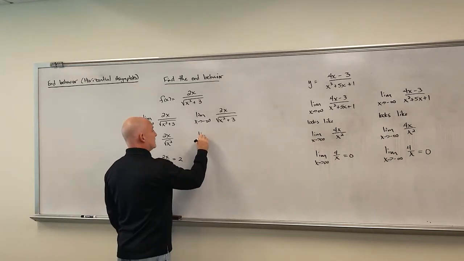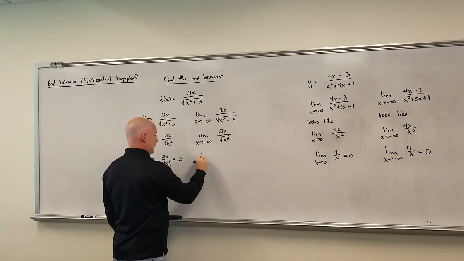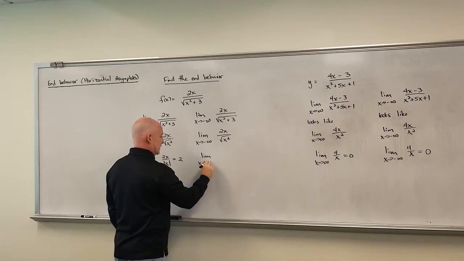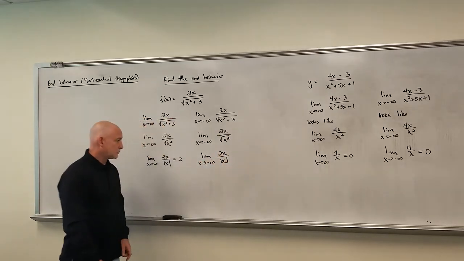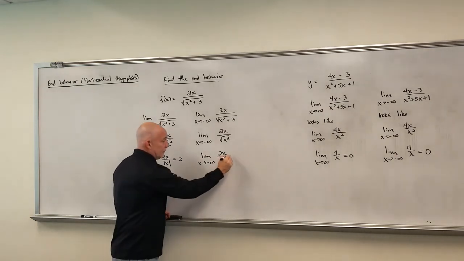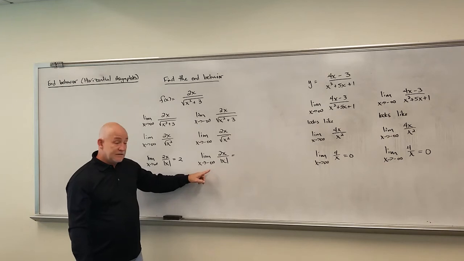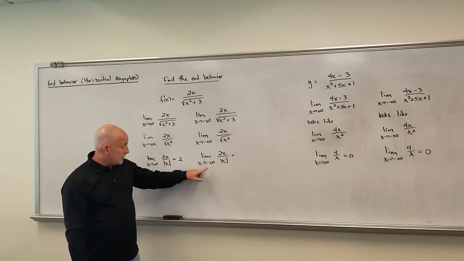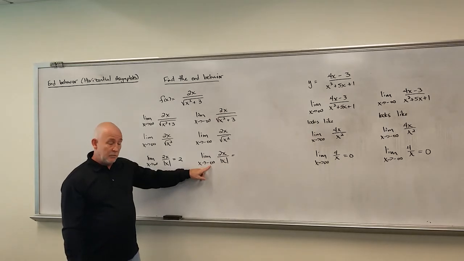Here, we do the exact same thing. It gives us 2x over the square root of x squared. This is the limit as x goes to negative infinity, 2x over the absolute value of x. Now here's where it gets a little different. Now the x's are the same value, but they could be different signs, and this time they're going to be different signs, right? Now we're heading towards negative infinity with all negative numbers.